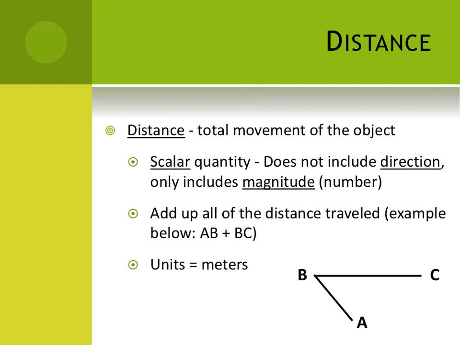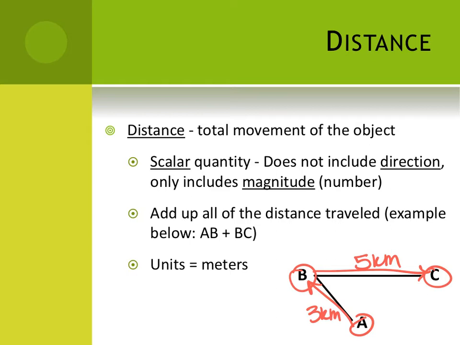If we look at this picture down here, let's say that we had an object or a person even. Let's say we had a person travel from point A, then they went to point B, and then they went to point C. So they started at point A and they ended up at point C. So let's say that this was 3 kilometers and this one can be 5 kilometers.